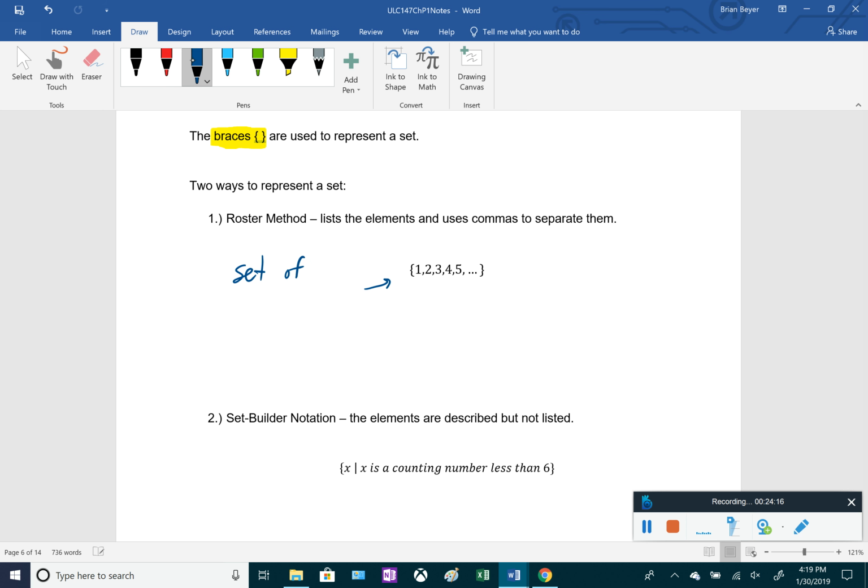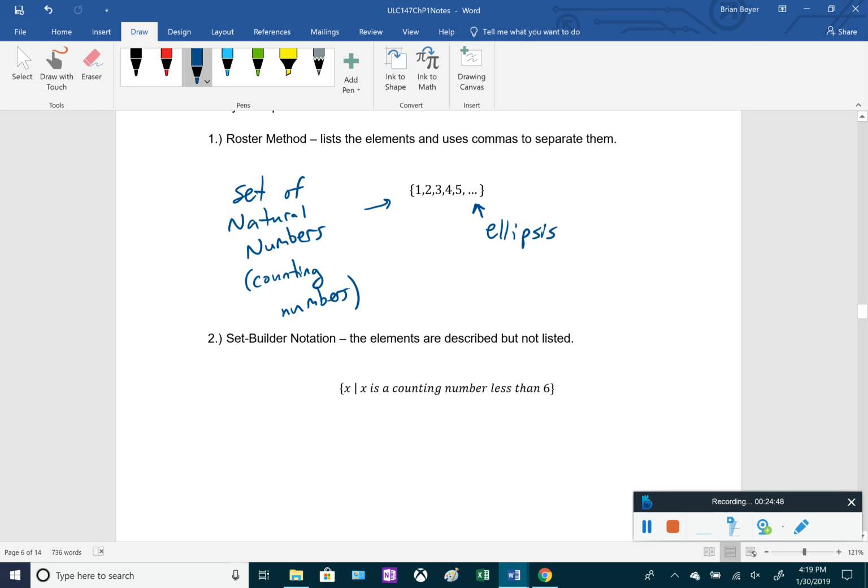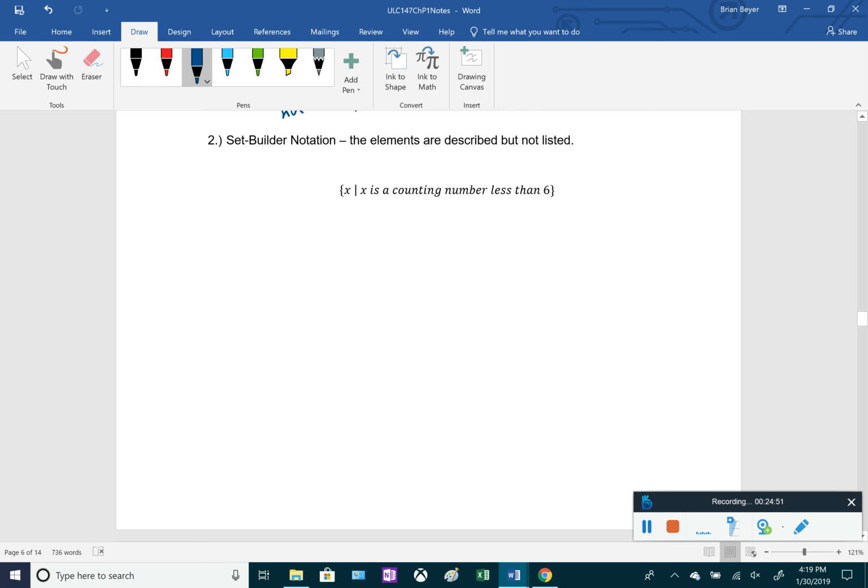Set of natural numbers, and we also call these the counting numbers. And I don't know if we mentioned this before, but I'm going to mention it now. The ellipsis here obviously means continues in this fashion, or and so on. So that's the roster method. It's pretty simple. It just lists everything out.